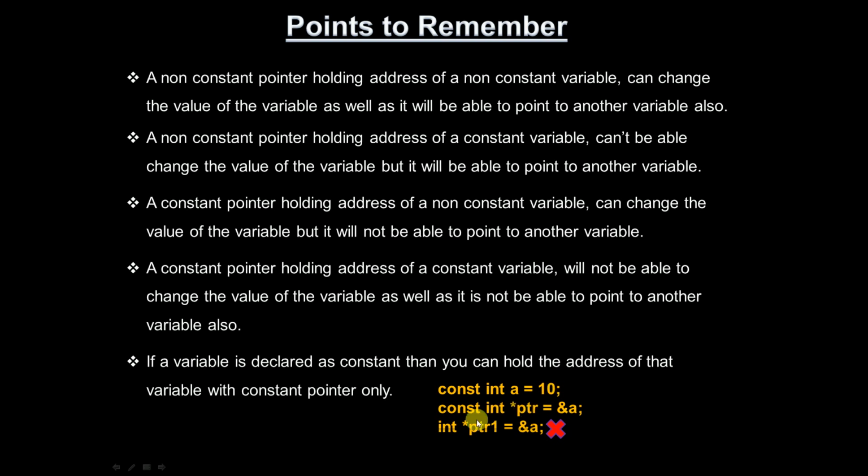But if you allow this type of syntax, int *ptr1 = &a, then by using this pointer you have a chance of modifying this value. So when the variable is a constant, this particular syntax is not allowed. It will throw a compiler error. So you have to follow this syntax: const int *ptr = &a.